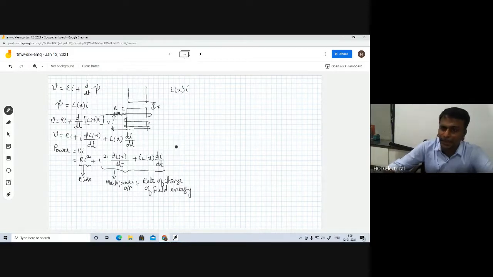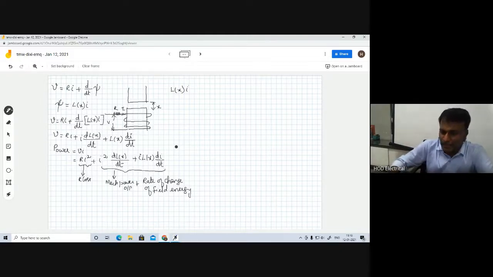When we give the supply to this winding, a magnetic field is produced, and based on the current there are changes in the field. So when we give the input power V into I, there is resistive loss, then mechanical output power, then the rate of change of field energy.